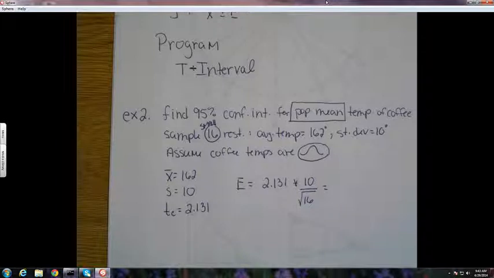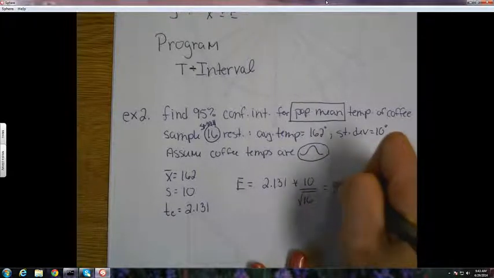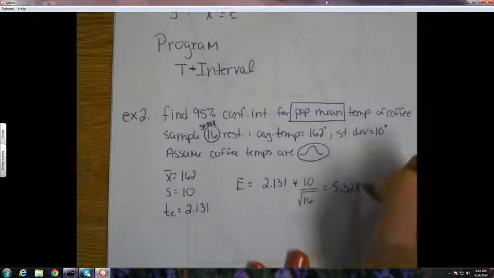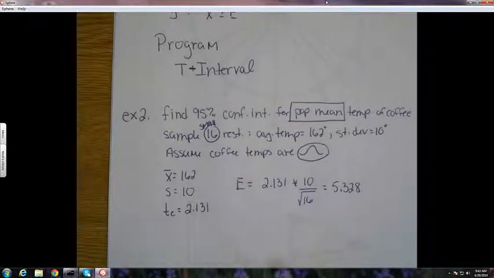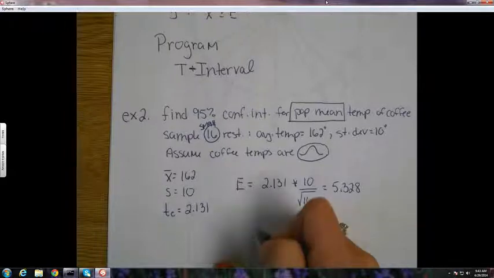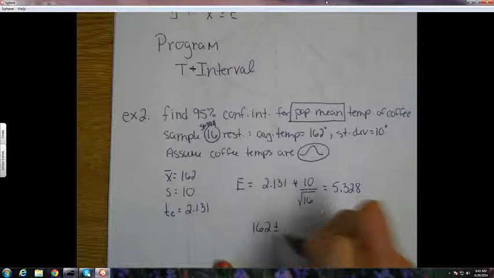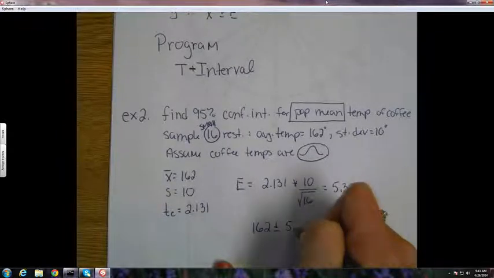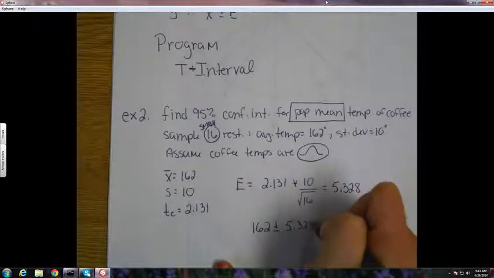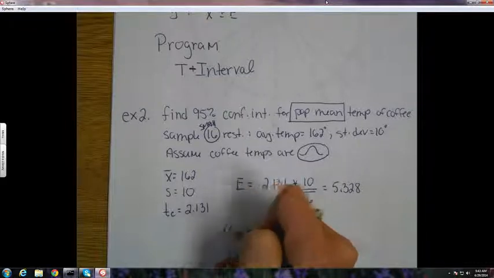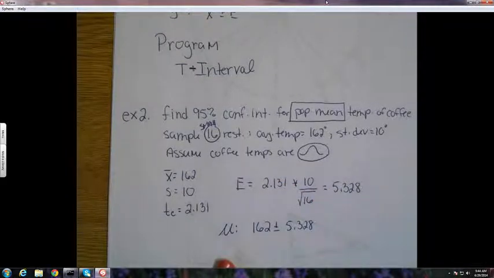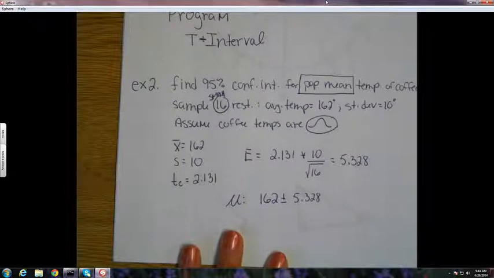E, let's go out 3 decimal places like the book's been going. There's our max error. So then we make our interval. It'll be the mean of 162 plus and minus 5.328. And this is what I would expect the average coffee temperature for all restaurants to fall in between.